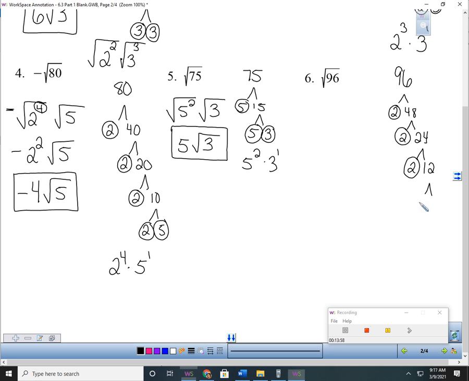And 12 divides by 2. 2 and 6. 2 is prime. And 6 divides by 2. 2 and 3, both are prime.